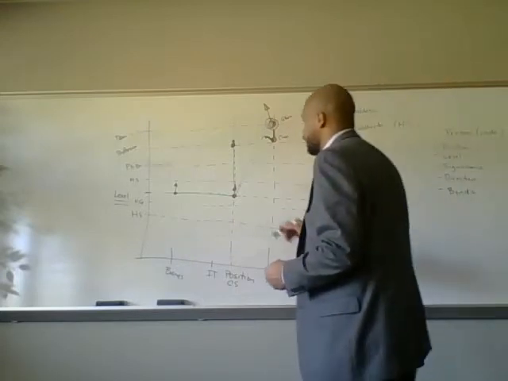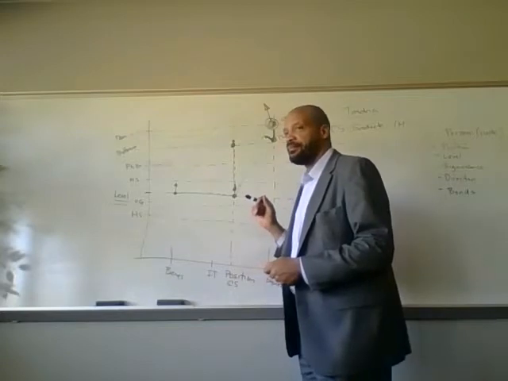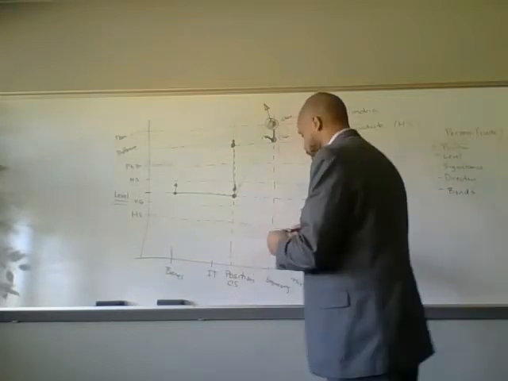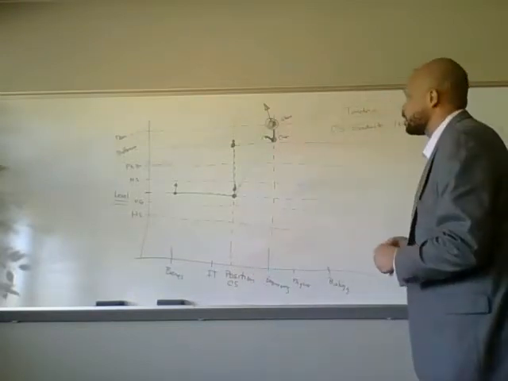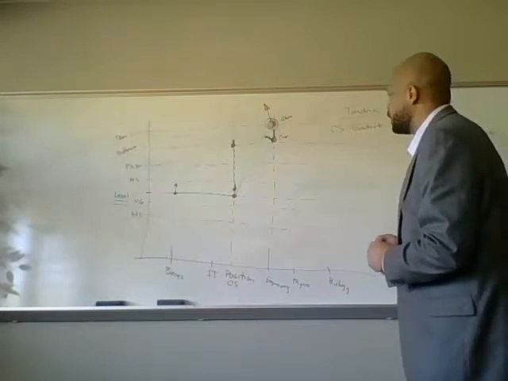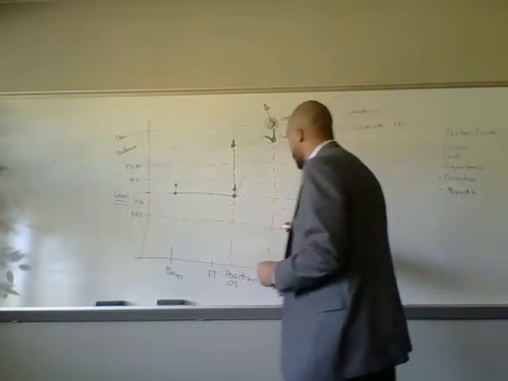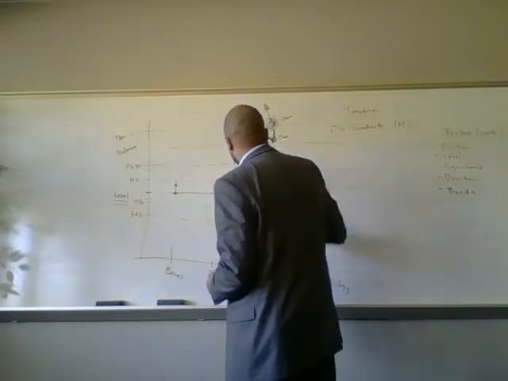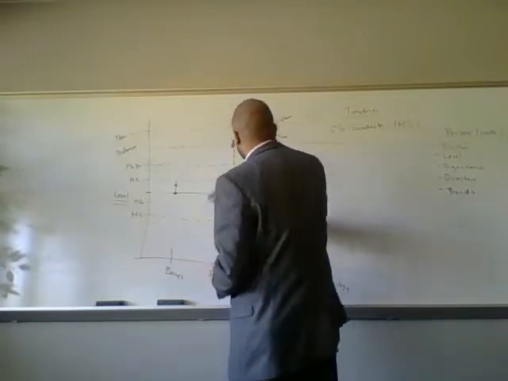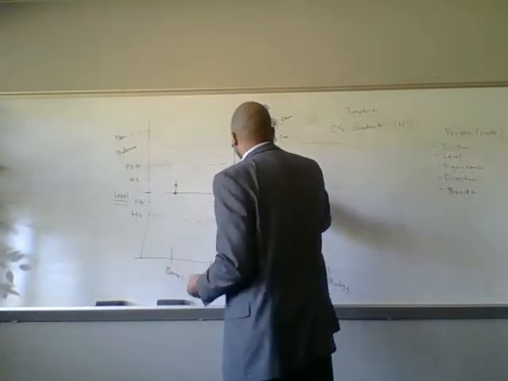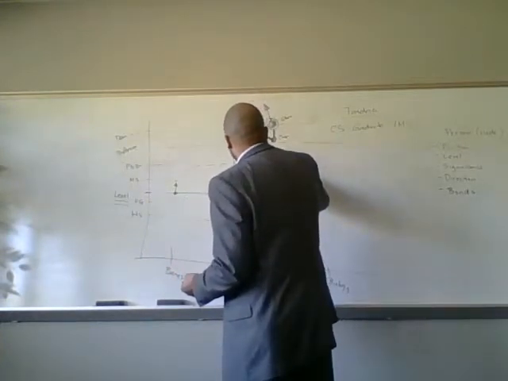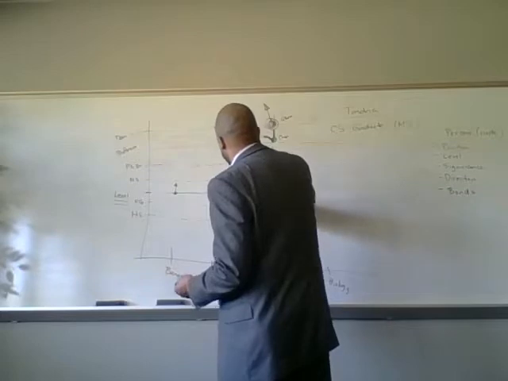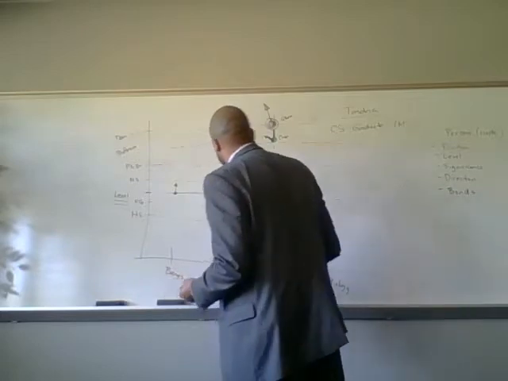So your momentum. The strength of the connection, we're going to call gamma. So we have one, two, three, four. So let's say gamma one, gamma two, gamma three, gamma four.